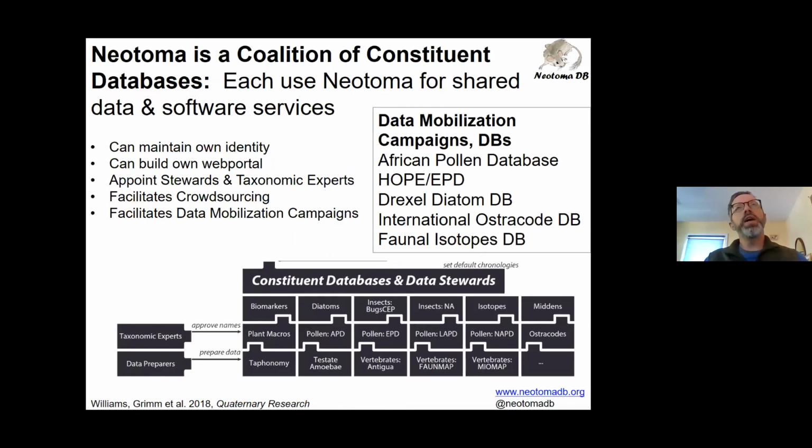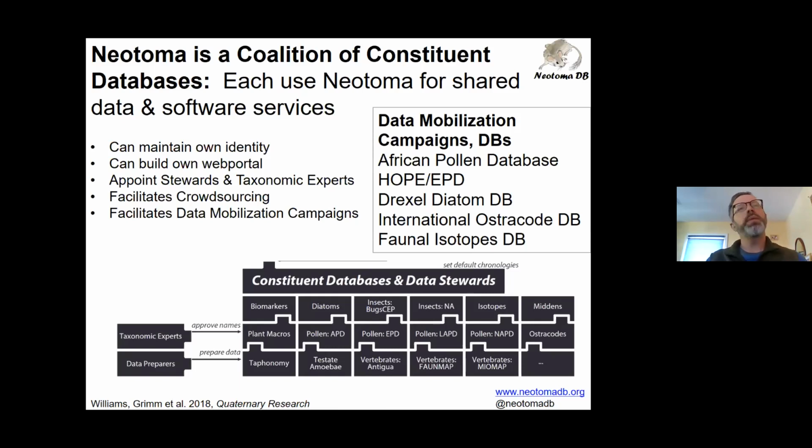And so a very, very important concept in Neotoma is the concept of constituent databases. I just want to emphasize this as much as possible, because Neotoma did not appear de novo. Prior to Neotoma, there have been many decades of efforts of the European pollen database, of the African pollen database.